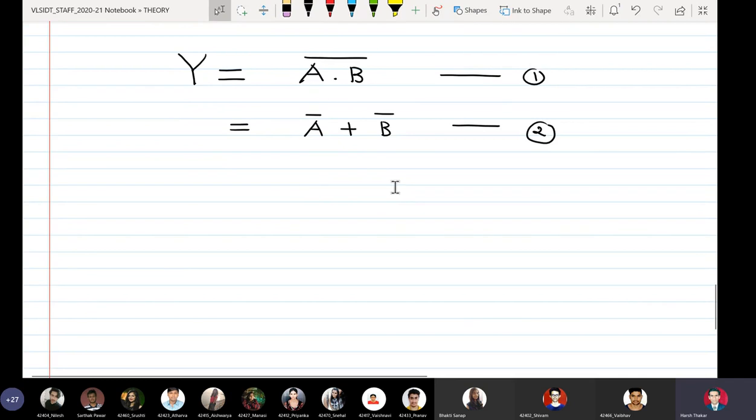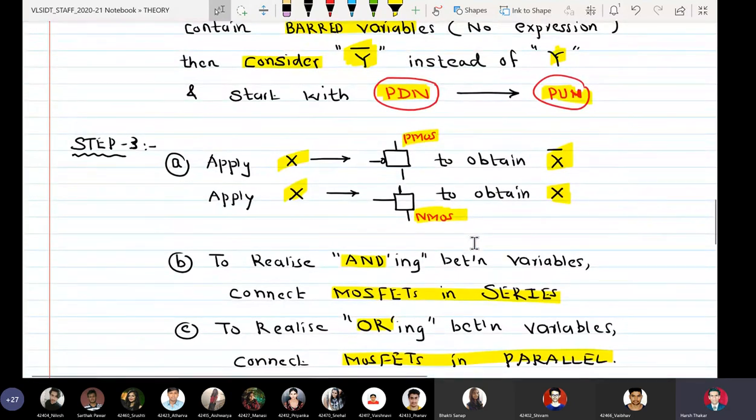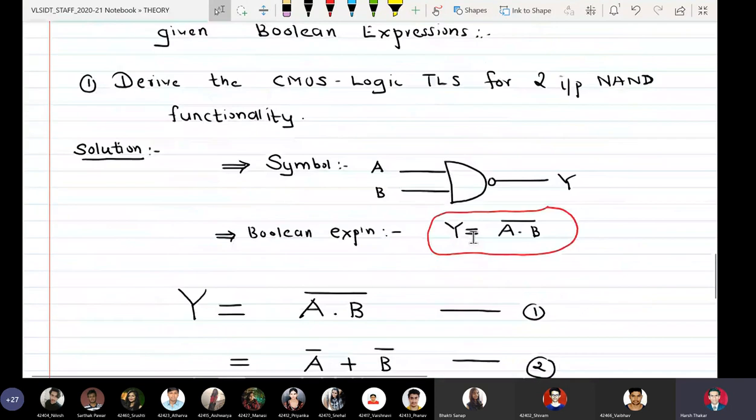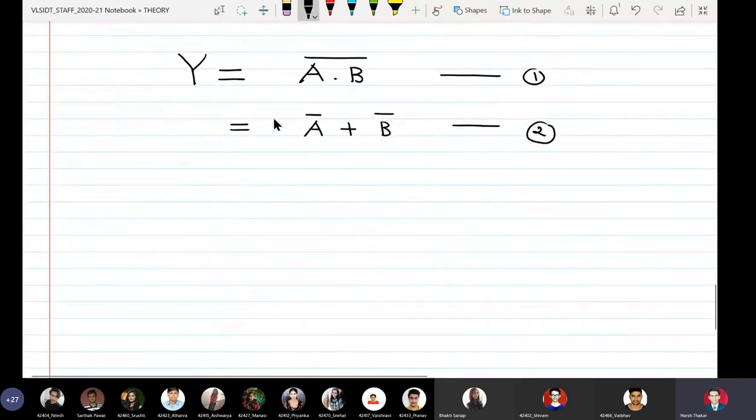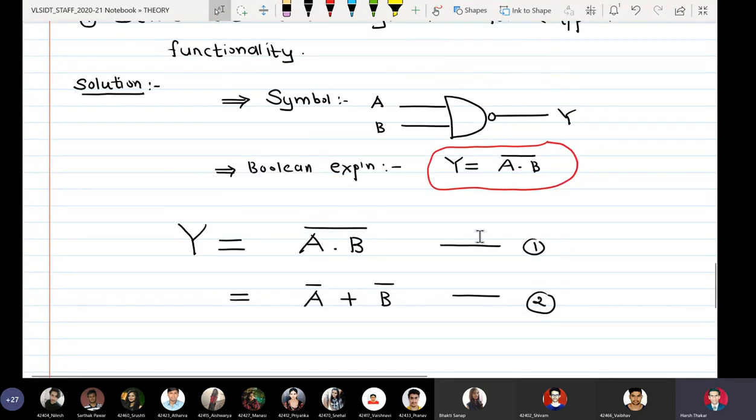Now we already said to apply X to PMOS to obtain X bar. So the first term we require is A bar and the second term is B bar. My given expression Y already contains a bar above the terms.